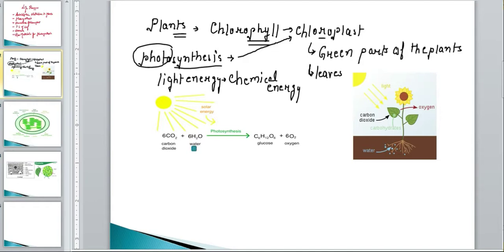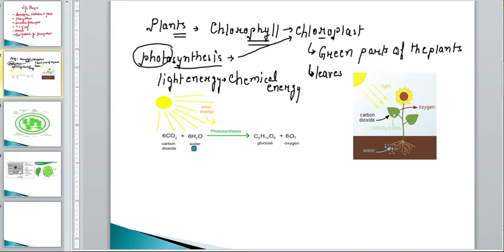The photosynthesizing cells are present in the leaves. How they are arranged in the TS of leaf we will see in the next slide of ours.